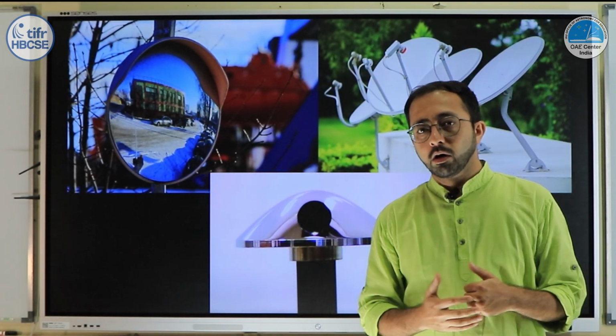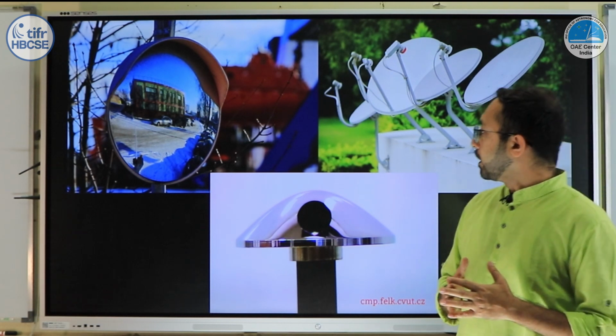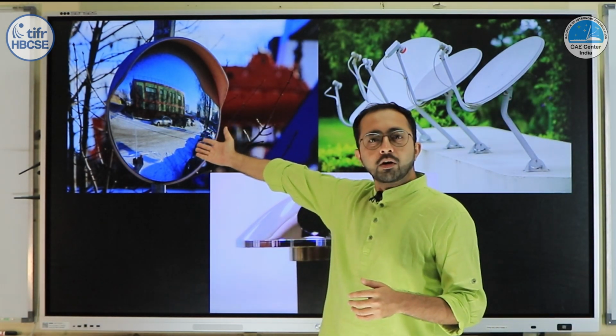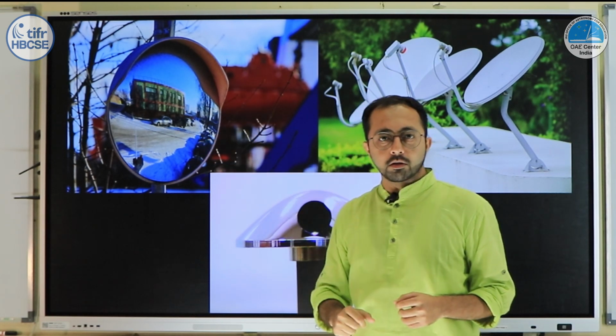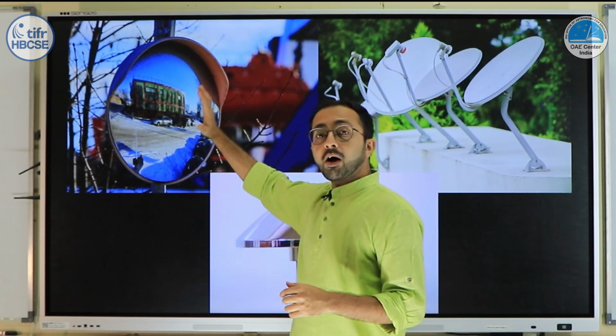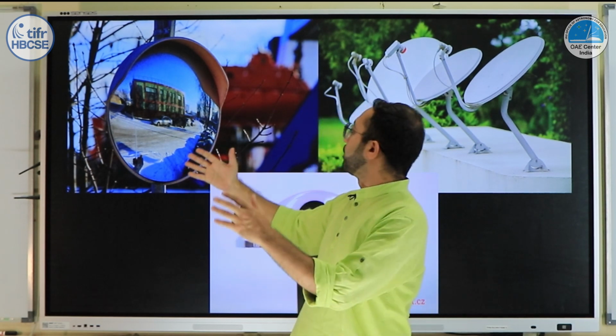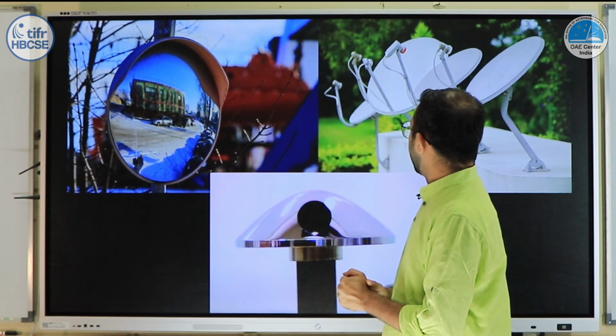General examples in our day-to-day life, we see these kinds of mirrors on turnings of roads. These are spherical mirrors. These mirrors are a part of a sphere. Okay, they give us a wider field of view.